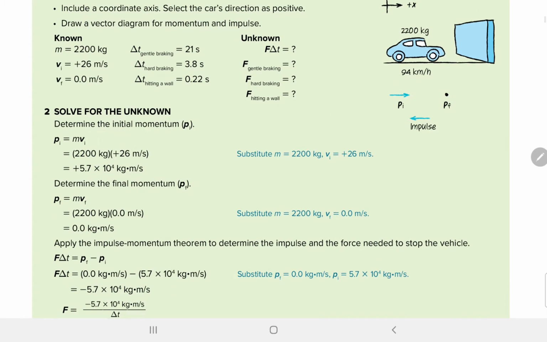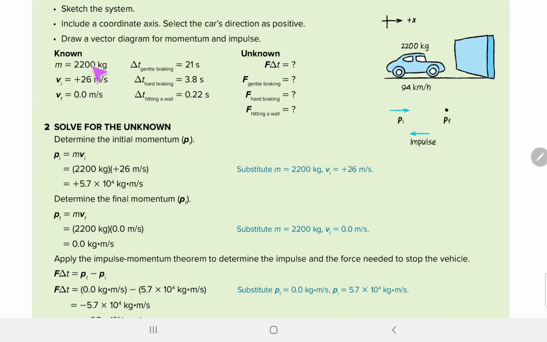So here we have p initial equal to m v initial. m is the mass, which is 2,200 kilograms, multiplied by the velocity, v initial, equal to 26.